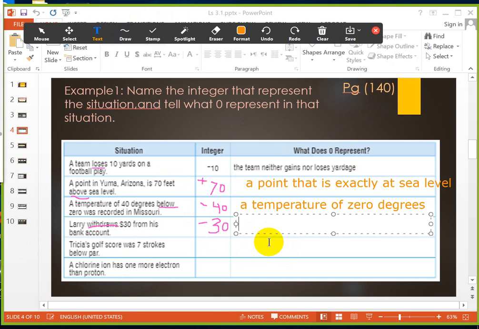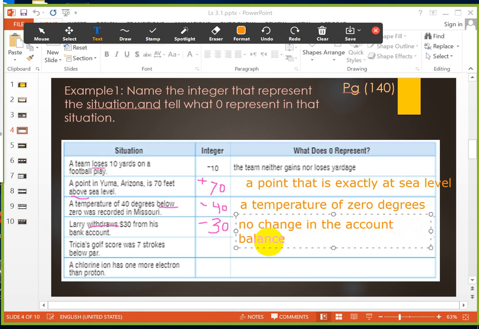That means there is no change in the bank account balance, right? No change in the account balance.